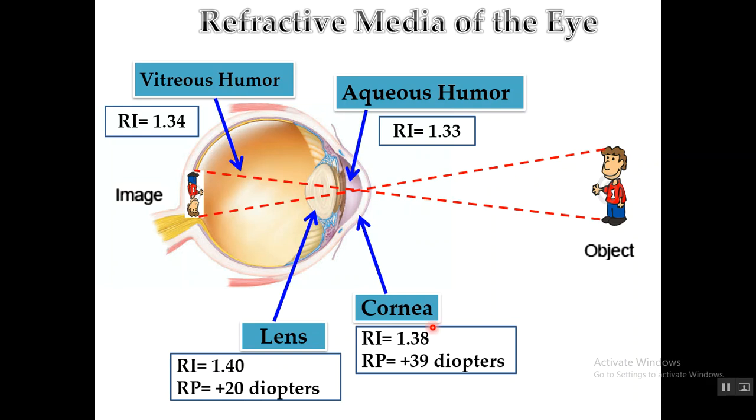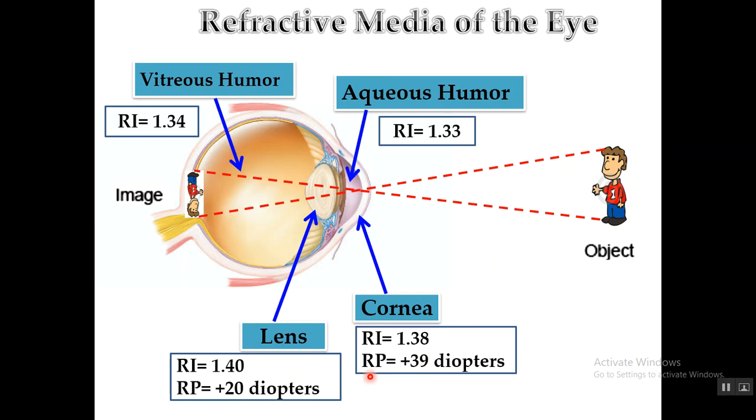The total power of the eye is plus 39 diopters and plus 20 diopters.